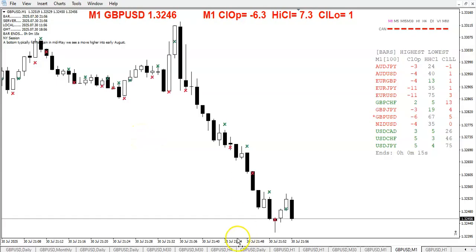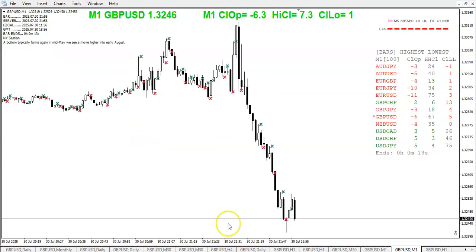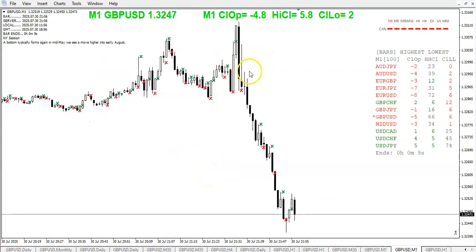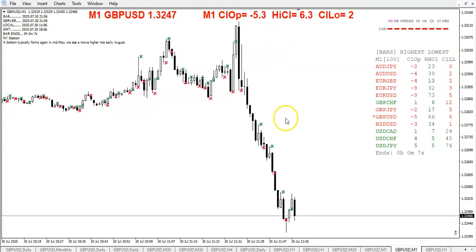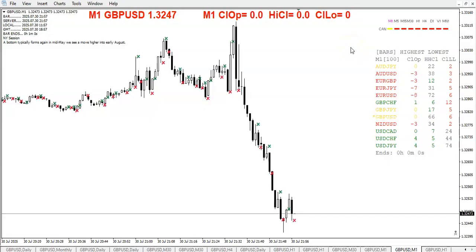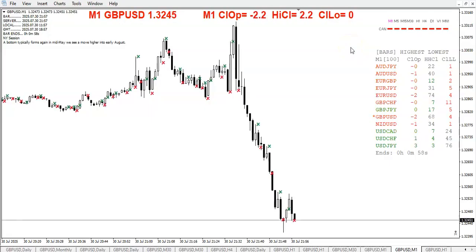Or price is going to go one direction, then range, what they call distribute here or accumulate here, and then it will do the reversal. So it's just something to note.